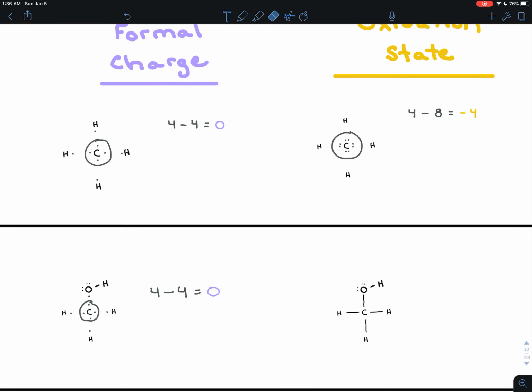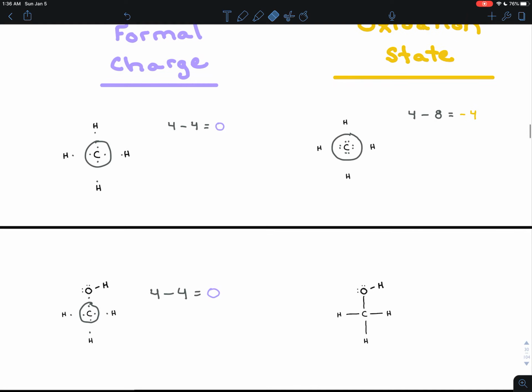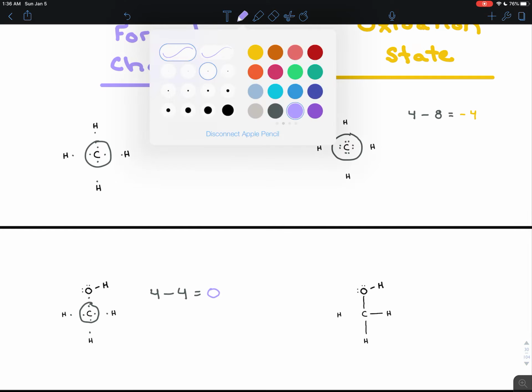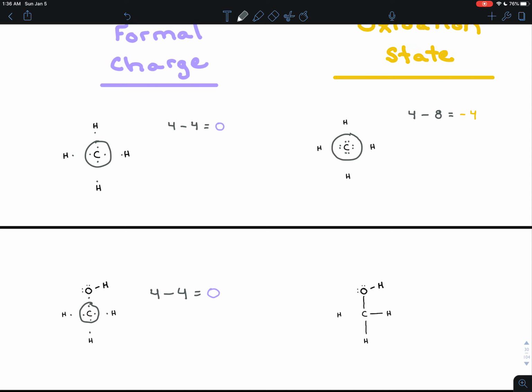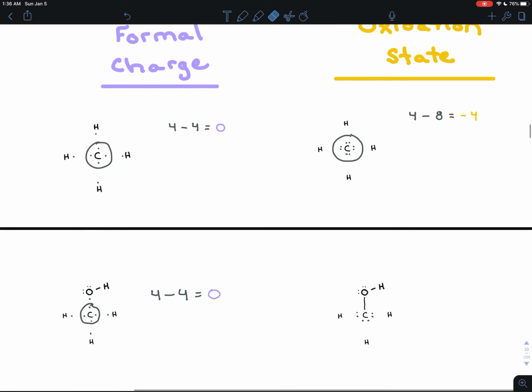But notice what happens when we try to calculate the oxidation state. We know that carbon is ever so slightly more electronegative than hydrogen, so for each of those bonds, the carbon will get the 2 electrons in the bond, if we assume that it's perfectly ionic. But the oxygen is more electronegative than the carbon, and so the 2 electrons in that bond will go onto the oxygen.